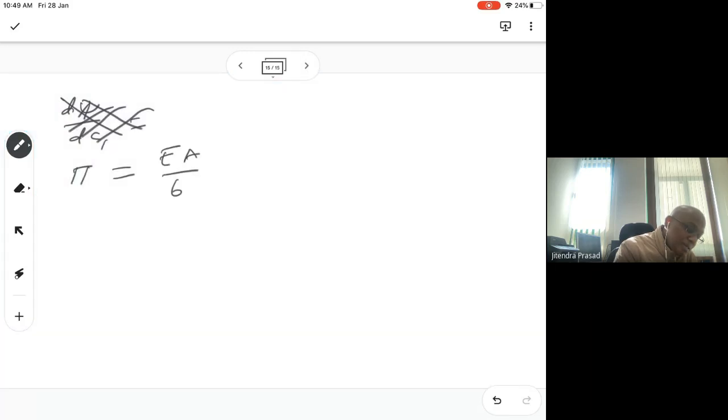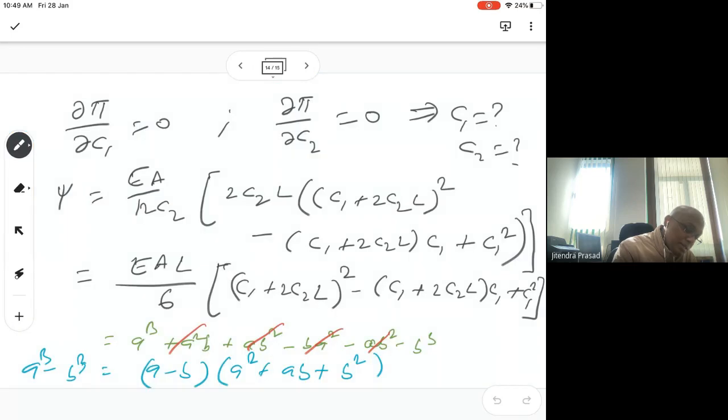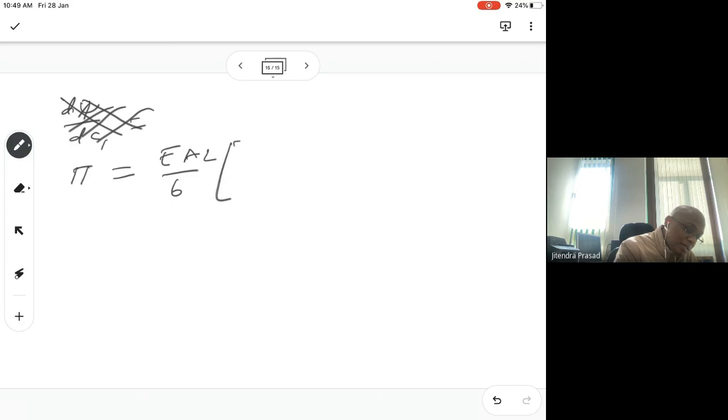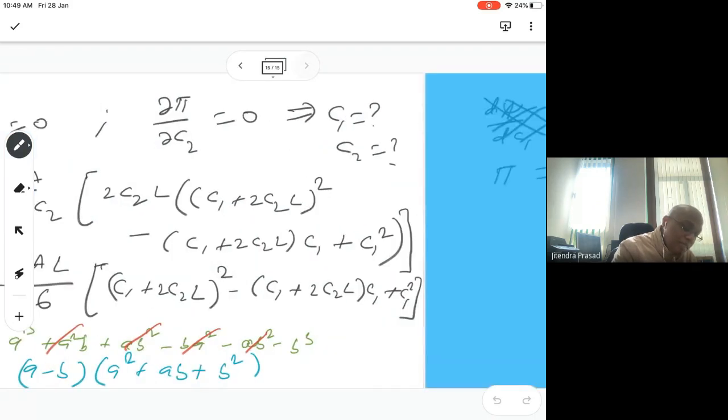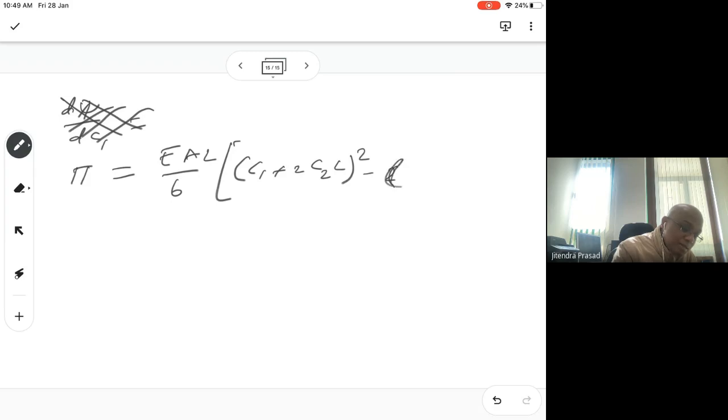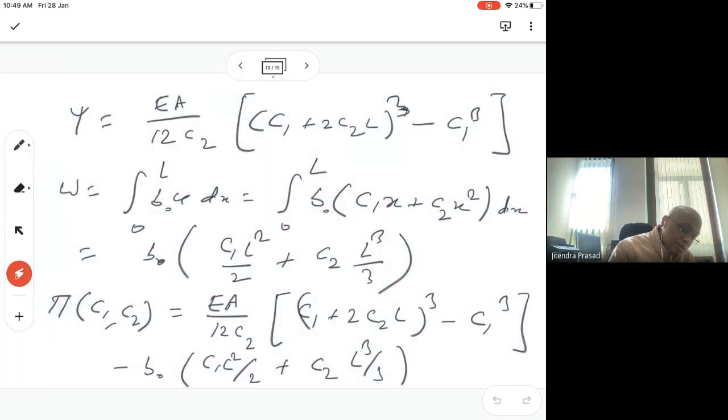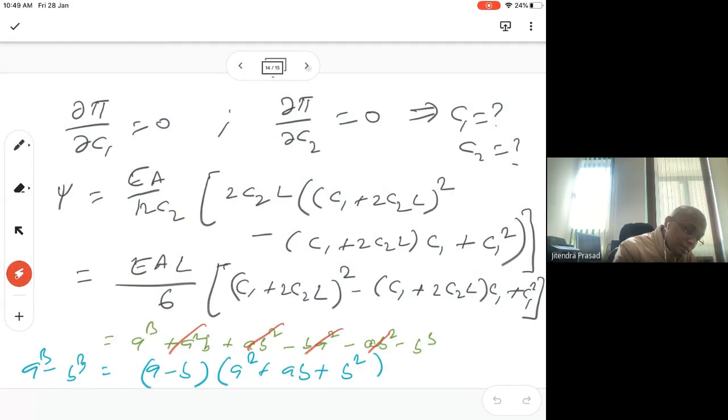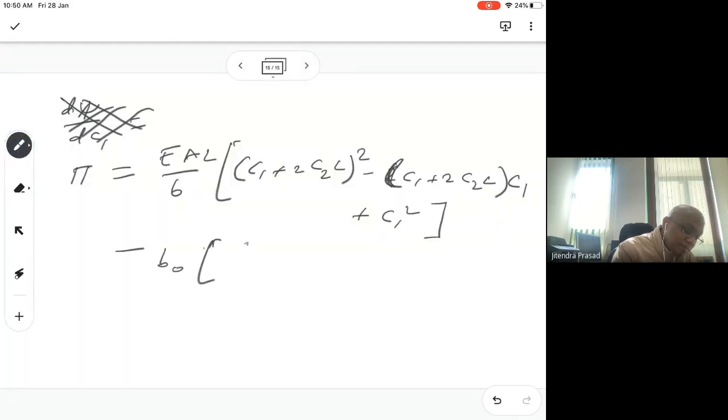EA over 6, EAL over 6, and then you have C1 plus 2 C2L, square, minus C1 plus 2 C2L C1 plus C1 square, minus B naught C1 L square over 2 plus C2 L cube over 3, minus B naught C1 L square over 2 plus C2 L cube over 3.